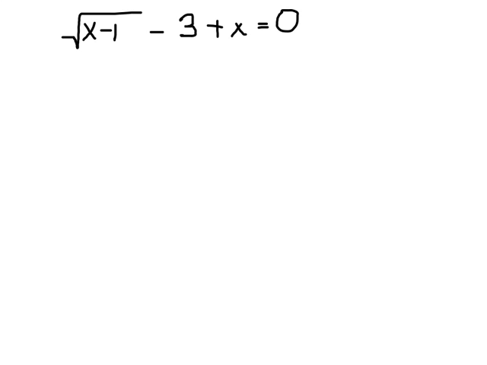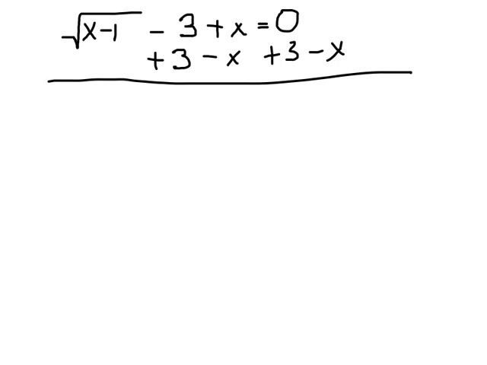Okay, this one looks a little different as well. So we're going to isolate this radical by moving the 3 and the x to the other side. And we're going to get the square root of x minus 1 is equal to 3 minus x.